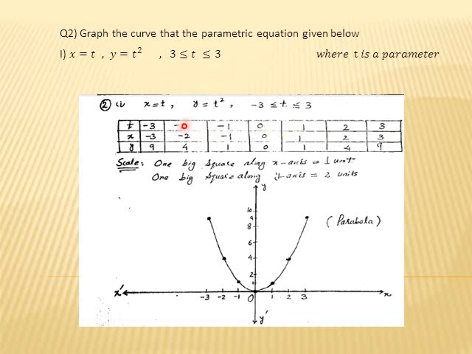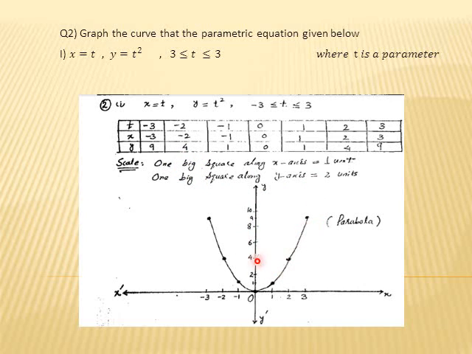Because x is equal to t, x and t are both the same values, and y is equal to t square, for example minus 3 square is 9, and so on.